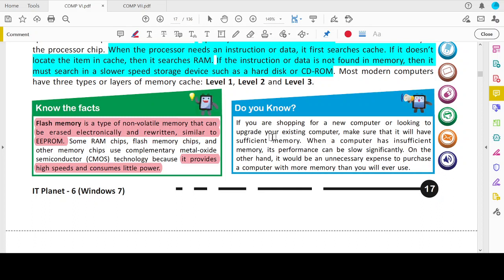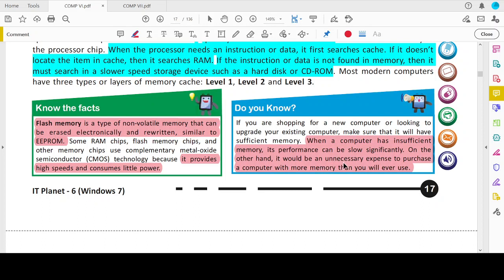Well, it is here referring to the main memory of the computer, that is the RAM, because I don't think you can increase the cache memory of your existing computer, right? When a computer has insufficient memory, its performance can be slowed significantly. On the other hand, it would be an unnecessary expense to purchase a computer with more memory than you will ever use.